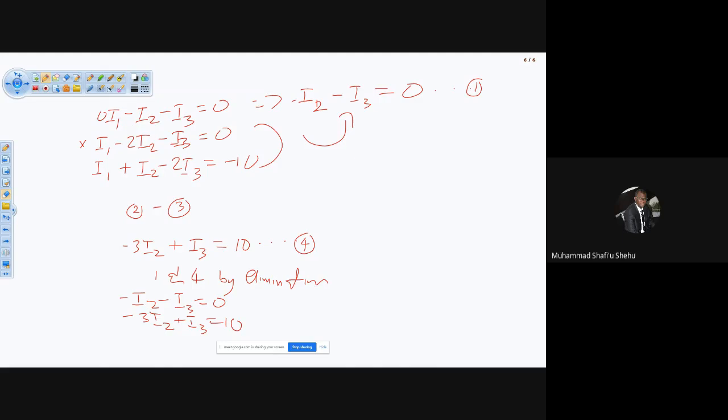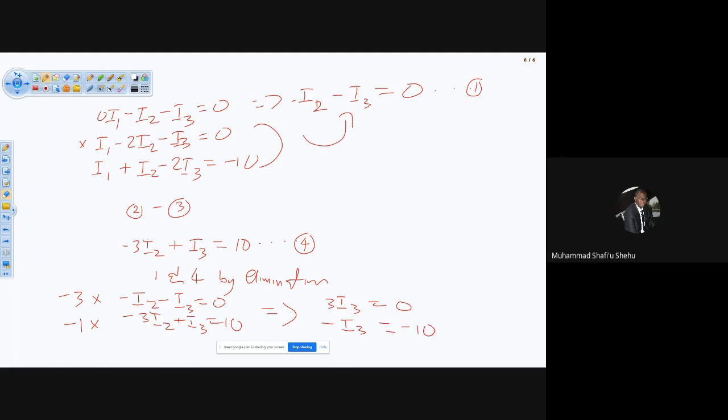So by eliminating I2, we multiply by minus 3 and by minus 1. And therefore, we're going to be left with minus 3 multiplied by minus 1, which is 3I3, equal to 0. And then minus 1 multiplied by positive 1 is minus I3, equal to minus 1 multiplied by 10, which is minus 10.